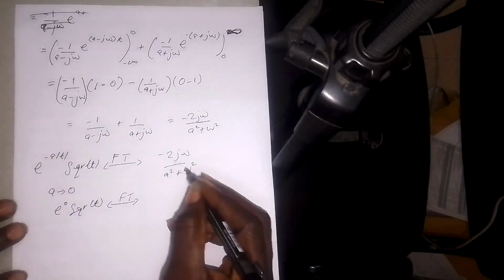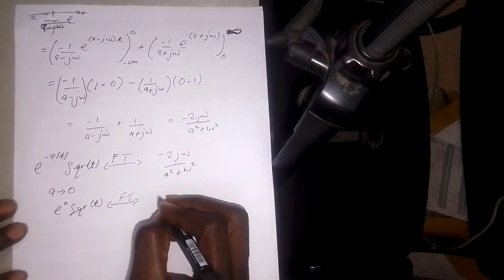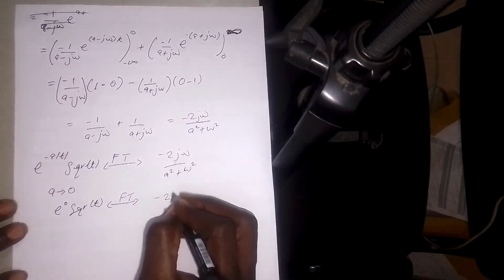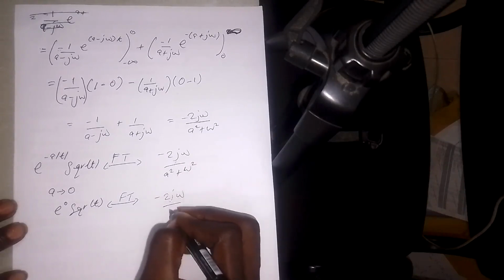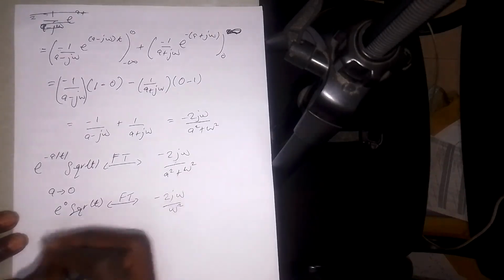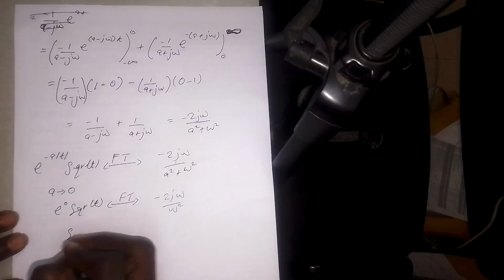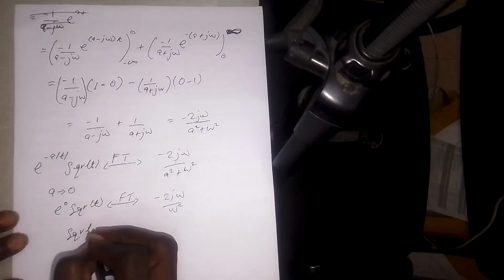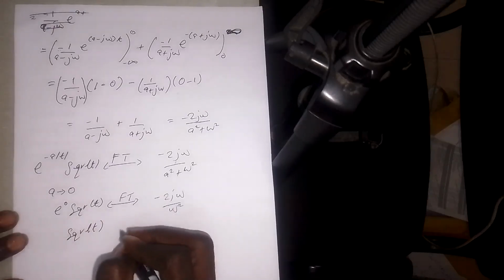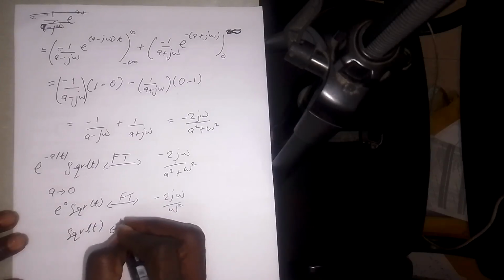If A is approaching 0 here, then I'm going to get minus 2j omega over omega squared. So in that case, I'll get square wave of t into the Fourier transform.